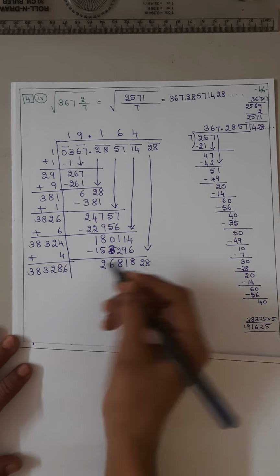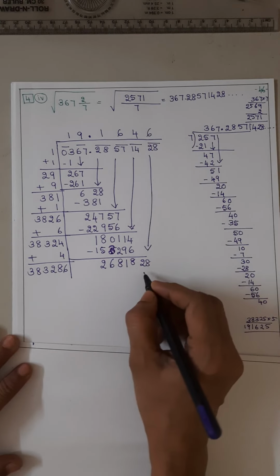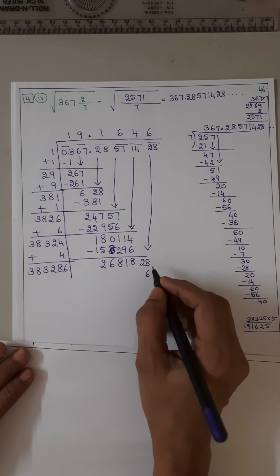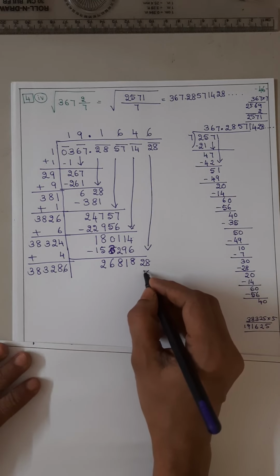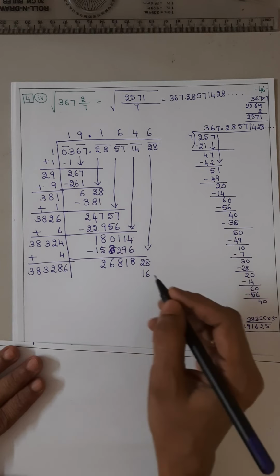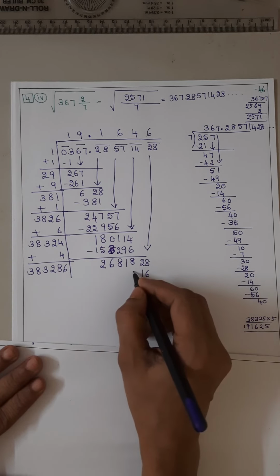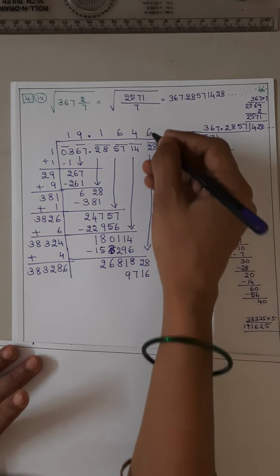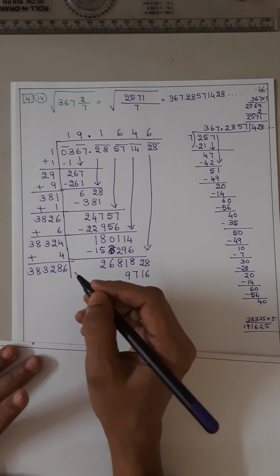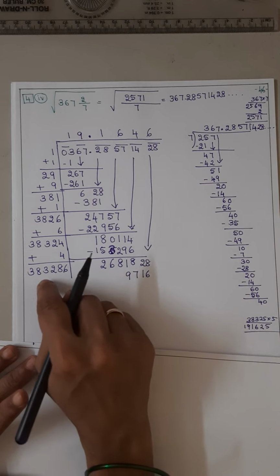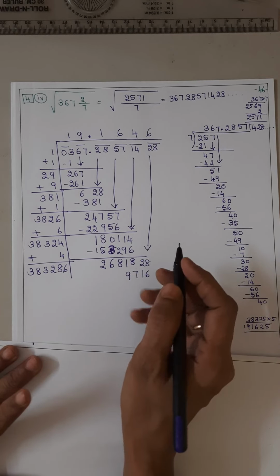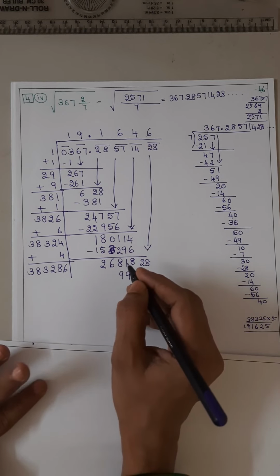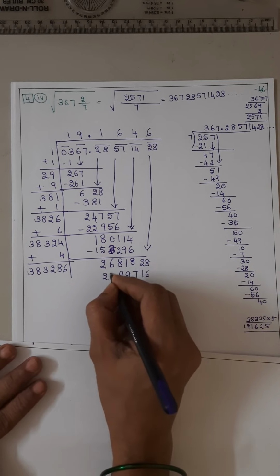Okay, 6 6s are 36. 6 8s are 48, 49, 50, 51. 6 2s are 12, 17. 6 3s are 18, 19. 6 8s are 48, 49. 6 3s are 18, 19, 20, 21, 22.